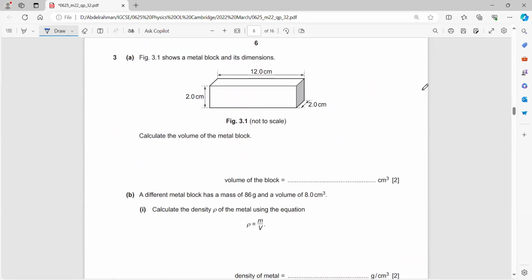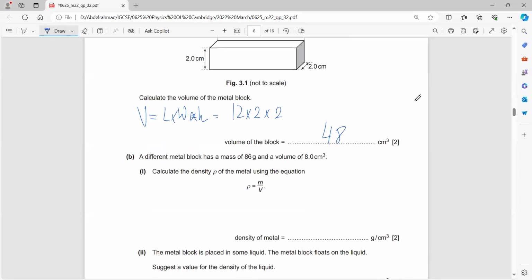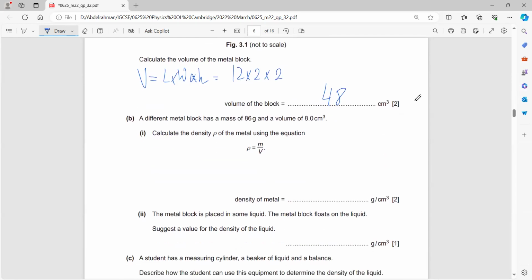Calculate the volume of the block. Length times width times height: 12 times 2 times 2 is 48 centimeters cubed. A different metal block has a mass of 86 grams, a volume of 8 centimeters cubed.